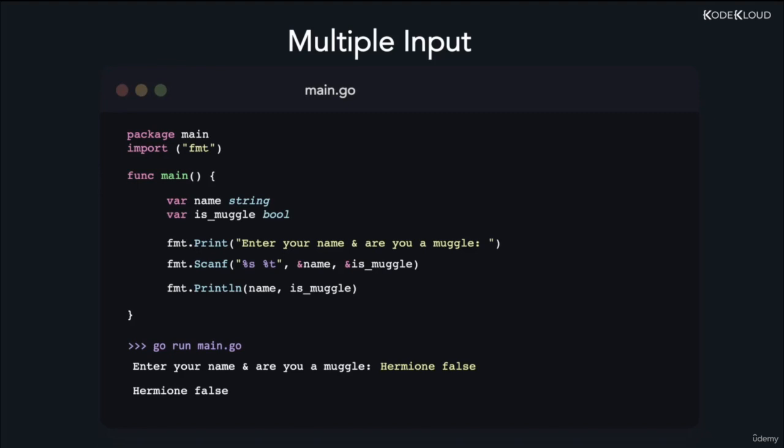It then encounters a space, and after the space, it finds the value false and stores it in the isMuggle variable. So the scanf function reads from the input source sequentially. Hence, we must give the list of arguments in the order that's specified in the format string.